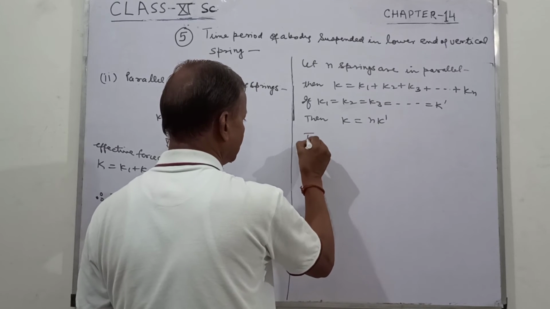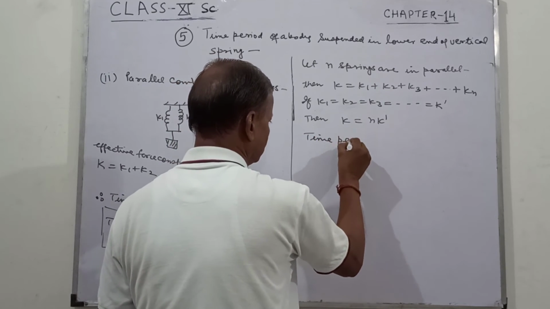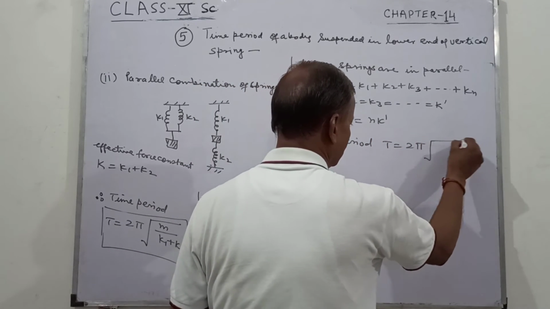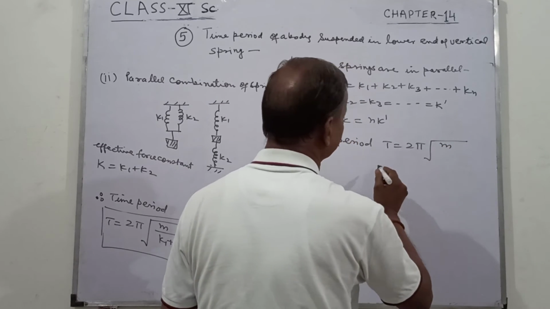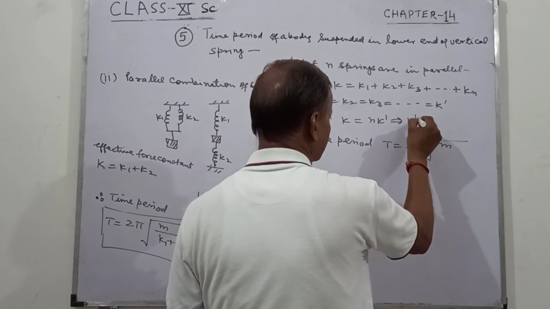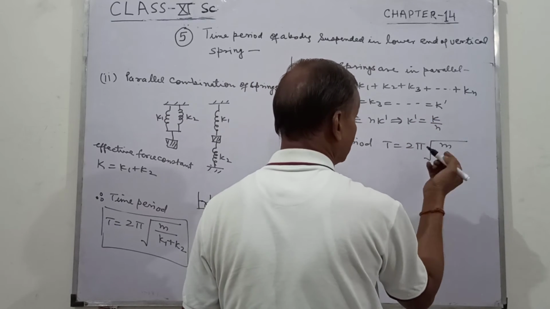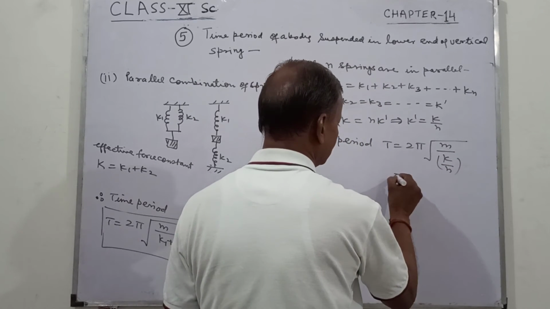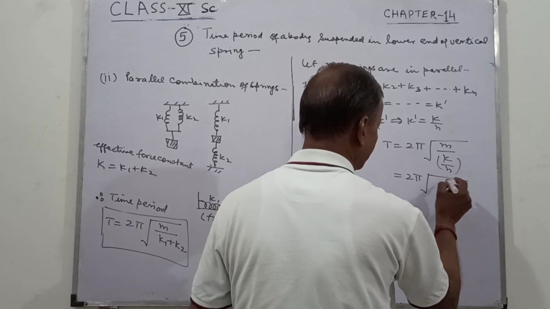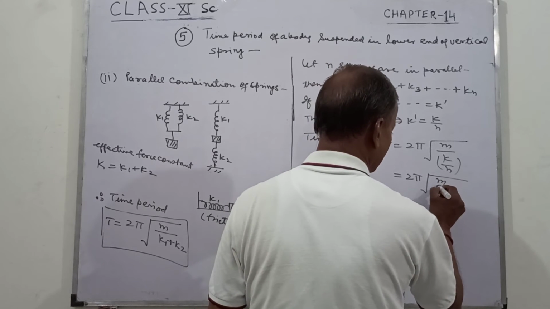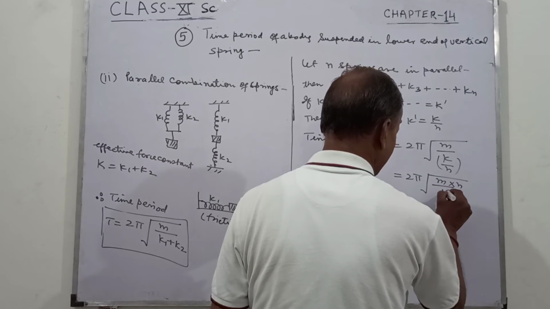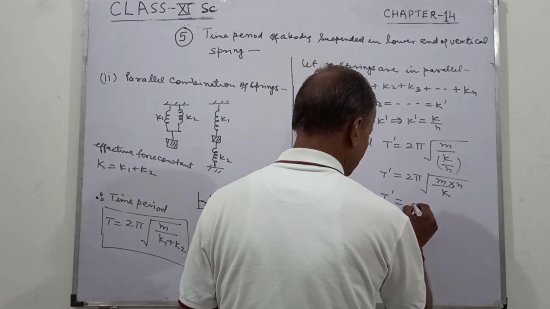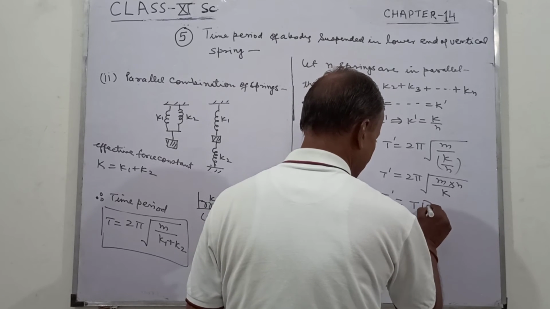So time period T equal to 2 pi square root of m, and now from here this K dash equal to nK, so this is equal to 2 pi square root of m upon nK. This is T dash. So T dash equal to T upon root n.